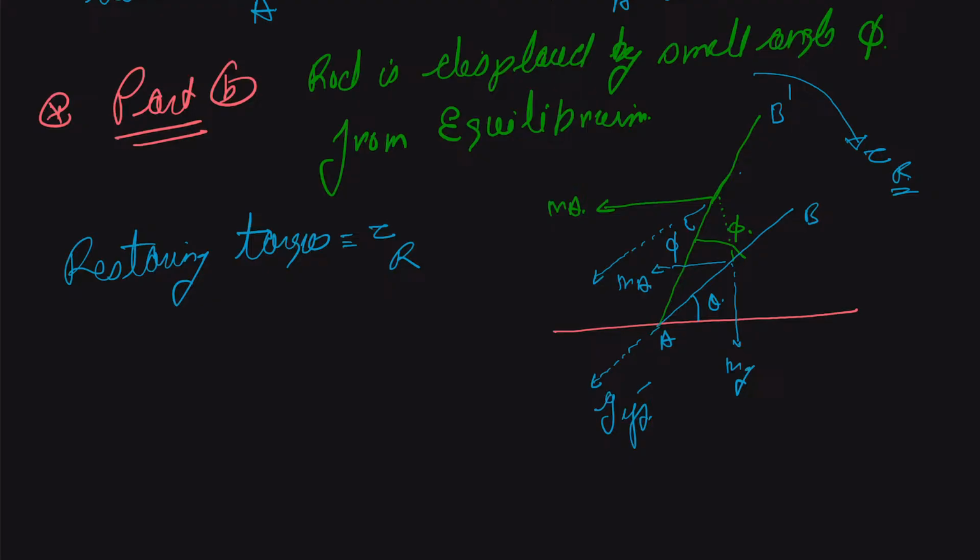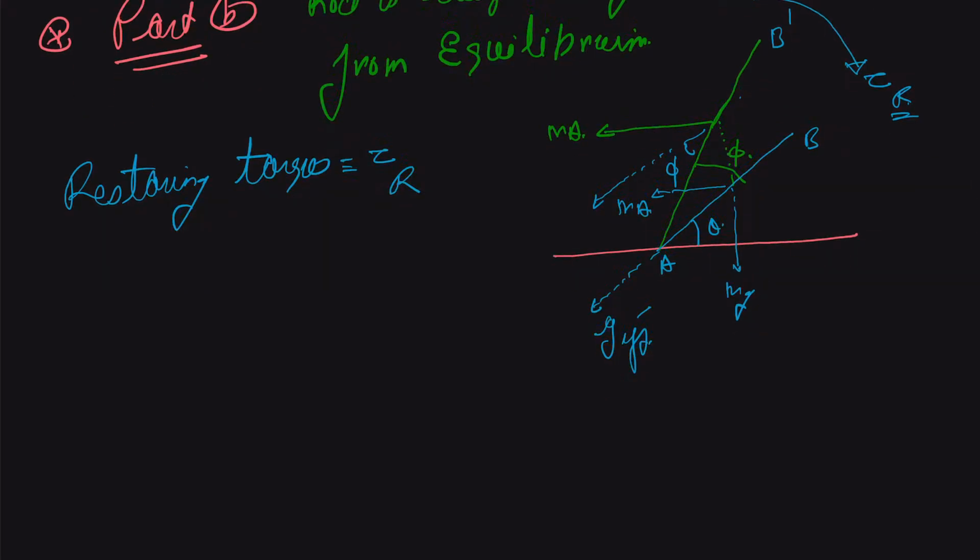Let me redraw this figure. We are only interested in this AB prime. This is our center of mass, and this is our net force now, that is our mg effective.